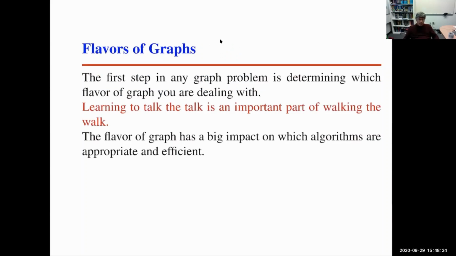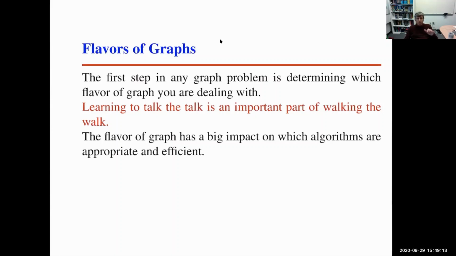So when I'm dealing with a graph problem, the first thing that I do is figure out what kind of graph I am talking about. One thing when you take a course in graph theory is you learn a lot of language, a lot of buzzwords, vocabulary. Learning the talk: what does it mean for a graph to be connected, to be directed, to be weighted, to be acyclic? These are important because this gives you a language to talk about your networks.